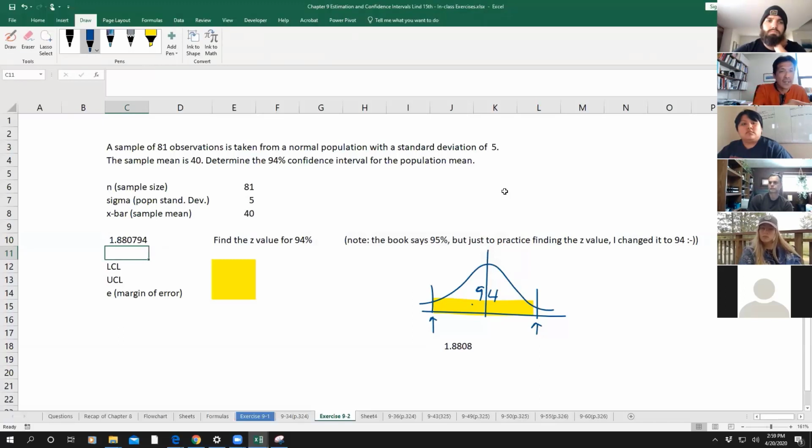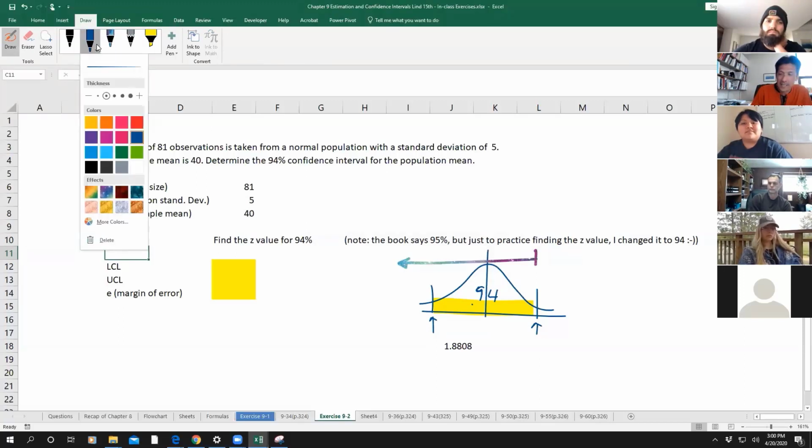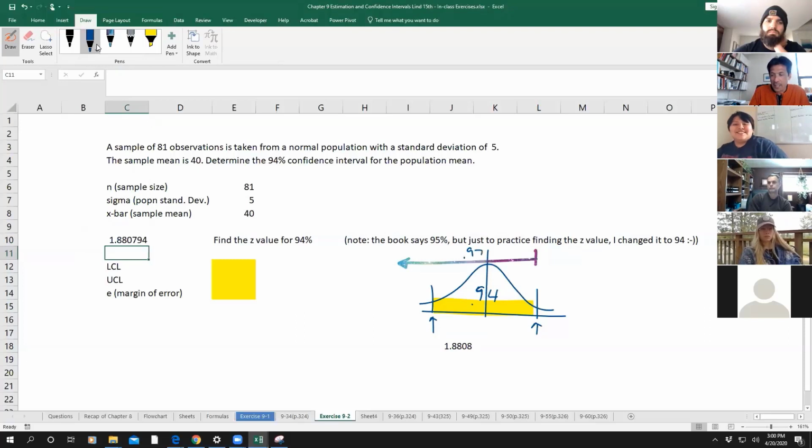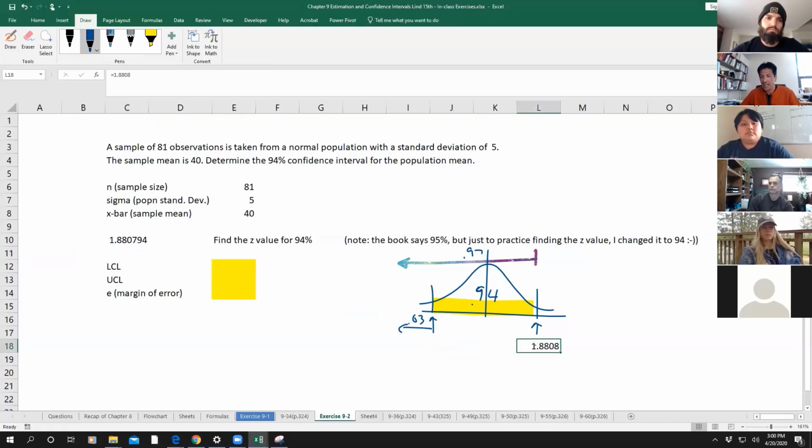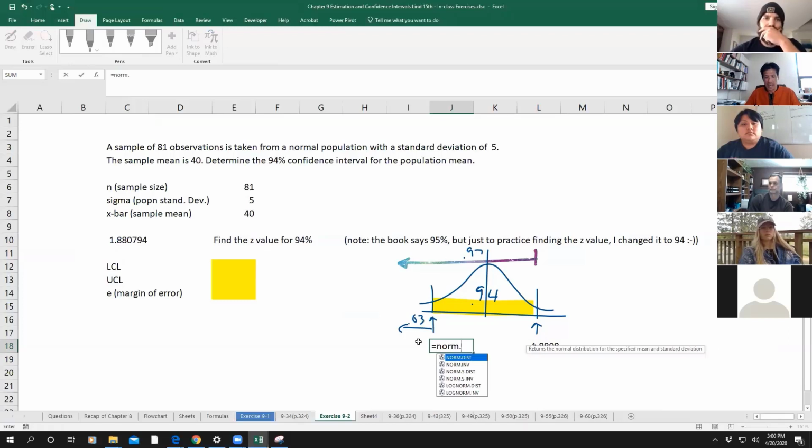So what Iridian is doing is finding the area, and this would be 0.03. Okay, so either one. So this 1.88 is actually the positive side. This one would be equals norm.s.inv 0.03. It should be the same. All right, that's that.